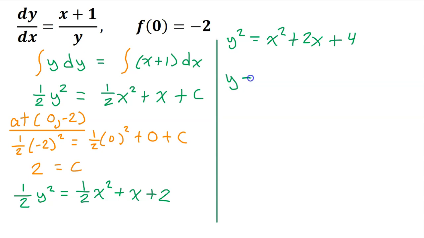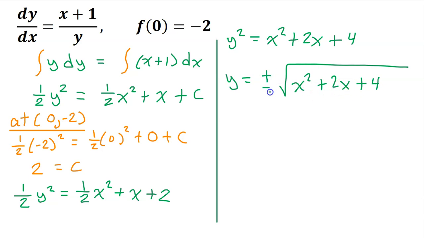So that will give us y is equal to plus or minus the square root of x squared plus 2x plus 4. However, only one of these is the actual answer. It's either positive square root of x squared plus 2x plus 4 or negative square root of x squared plus 2x plus 4.